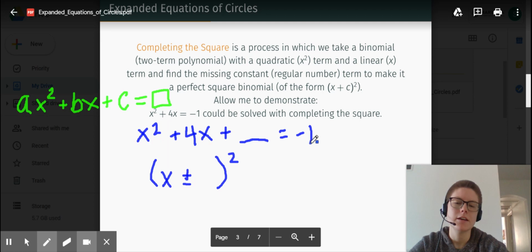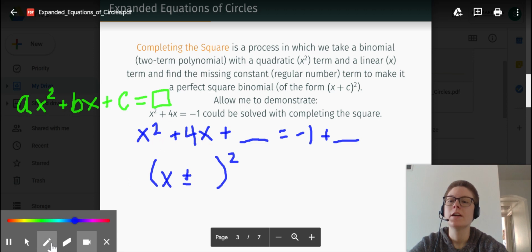And over here we've got a -1, so we have to figure out what goes in this blank. And if we add something on the left side of our equal sign, we're going to have to add the same thing on the right side, otherwise it doesn't stay equal. So I'm going to put the same blank over here and just know that they're going to have to be the same number.